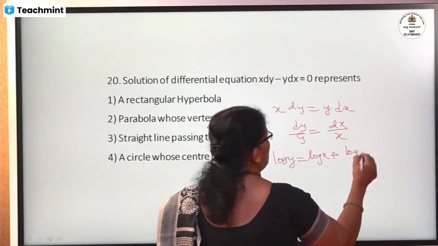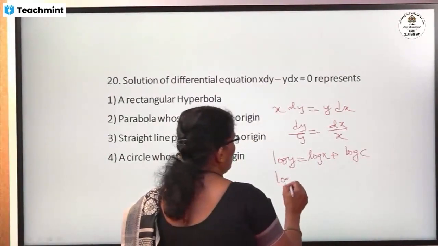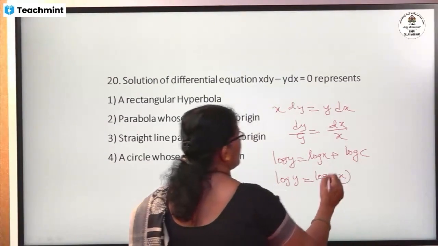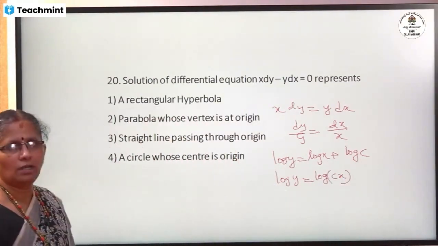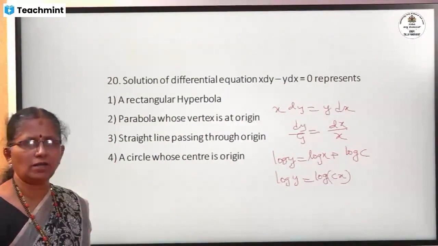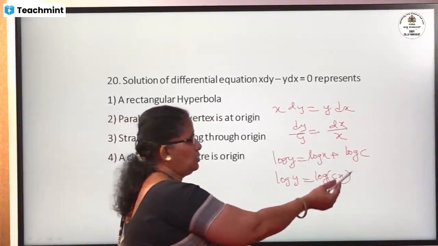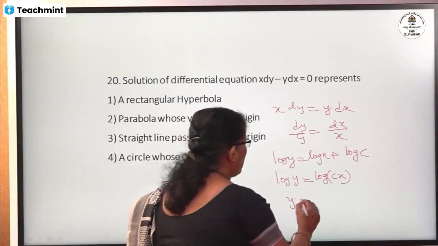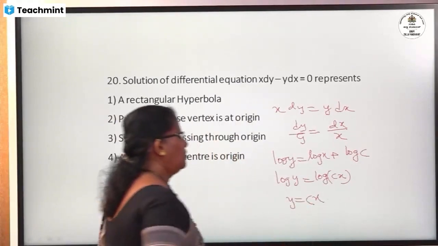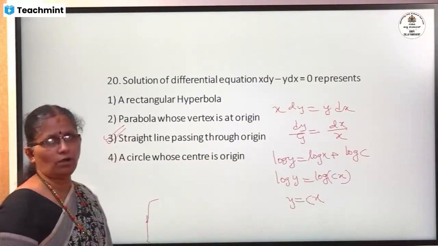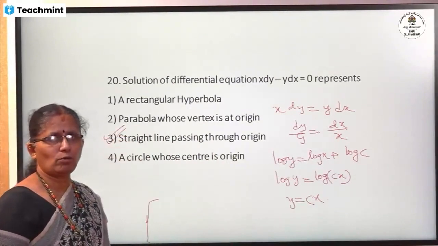For convenience, I will take the constant of integration as log c. Log m plus log n is log of m into n, so log x plus log c is log of c into x. Log can be dropped on either side. y is equal to cx, which represents a straight line passing through the origin.